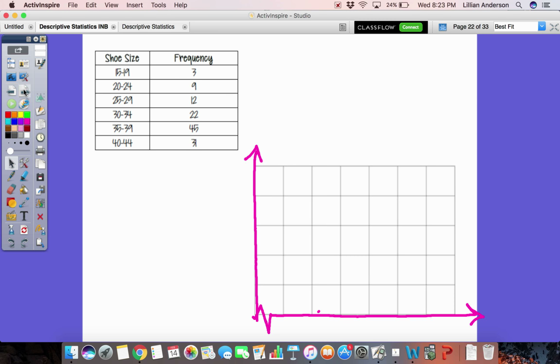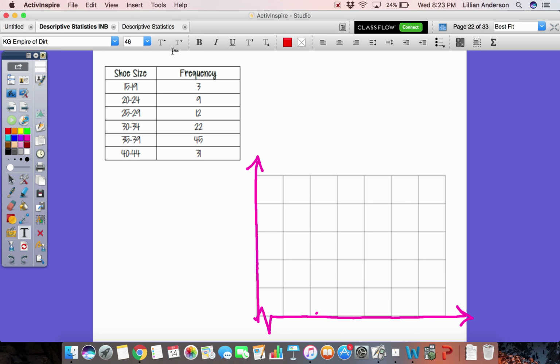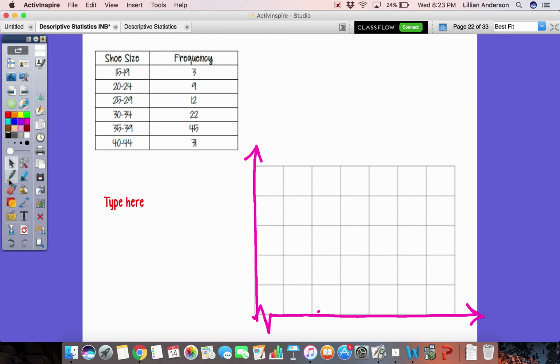Now, we have already kind of started this with that example from the green foldable where we were finding the upper and lower boundaries of each class, okay? Now, the thing is that when you're finding the lower boundaries, remember you want to take the lower bound of the class that you're working with and the upper bound of the previous class, and then you want to find the average.